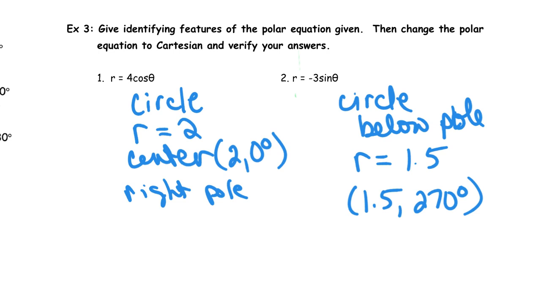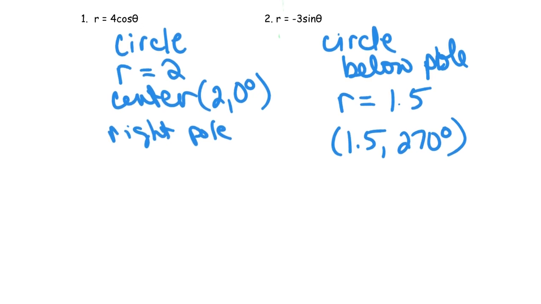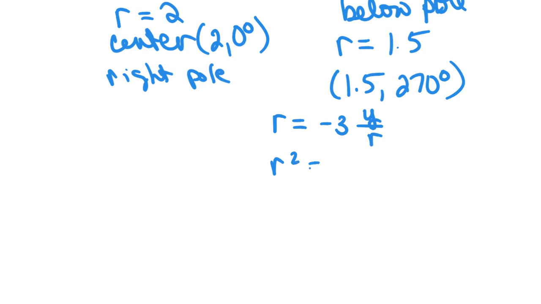Okay, now we're supposed to convert these to Cartesian. We don't need to convert both of them. Is there one you'd prefer to convert? Let's do the negative one, because we haven't done a negative one. So r equals -3y over r, since it's sine. Multiply across by r, we get r squared equals -3y. x squared plus y squared equals -3y.